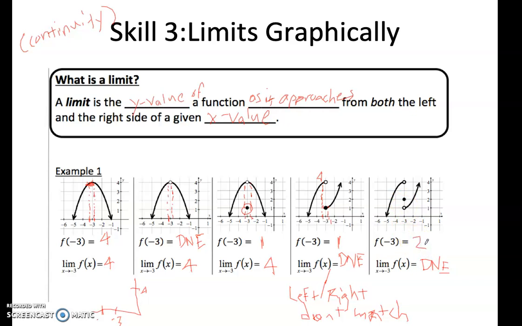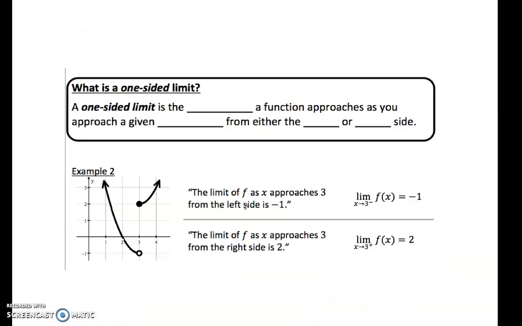I really like this example because you can see the whole spectrum from continuous to discontinuous, with the removable discontinuity in the middle. Some of you may even see a pattern about how limits and evaluating the functions relate to continuity. If you're starting to look for patterns, you're thinking in the right way.